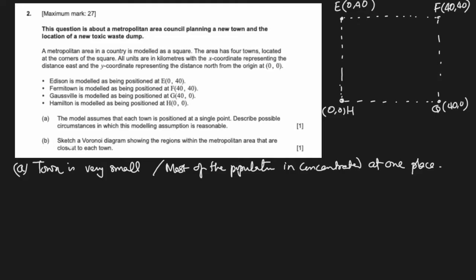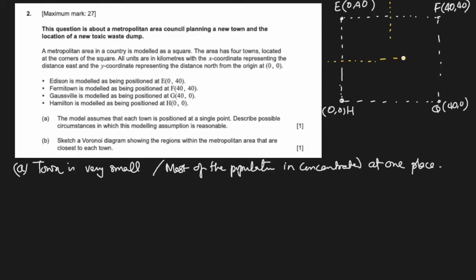B. Sketch a Voronoi diagram showing the regions within the metropolitan area that are closest to each town. So within the metropolitan area, that means we can't go beyond this square. So we have to draw the perpendicular bisector of EF and then the perpendicular bisector of this.